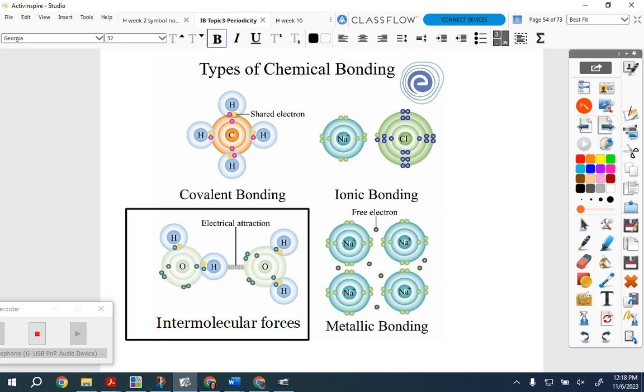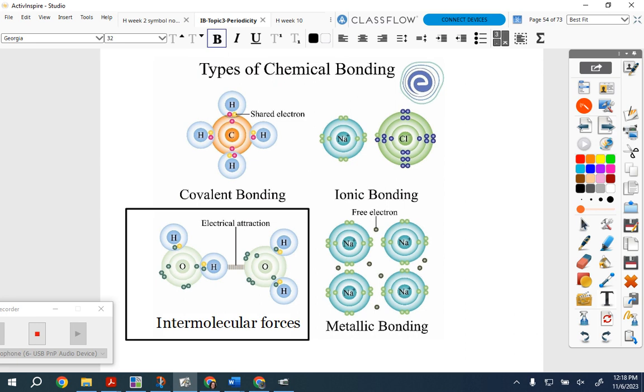But essentially, intermolecular forces are when we have separate atoms or molecules where there's a polarity, a slight partial charge. And that can be permanent or it can be temporary. And that makes molecules stick together more or less. And that is also going to affect things like melting point and boiling point.